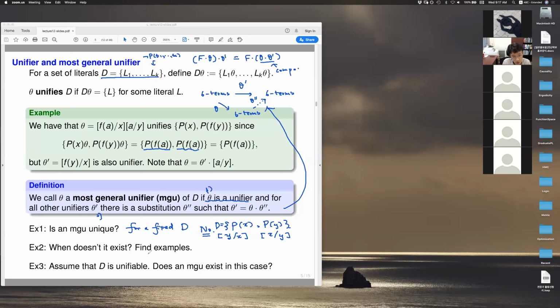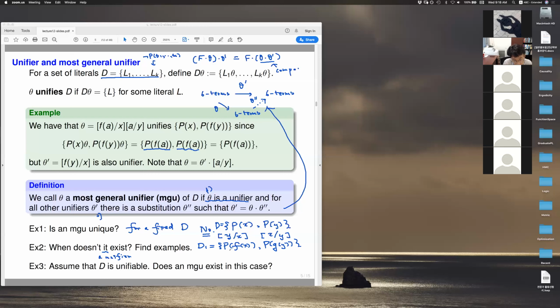And then, does it always exist? The answer is no, it doesn't always exist. And actually a better question is, when doesn't a unifier exist? There are two typical cases where a unifier doesn't exist. One example is like this. Suppose I have p of f of x and p of g of y.